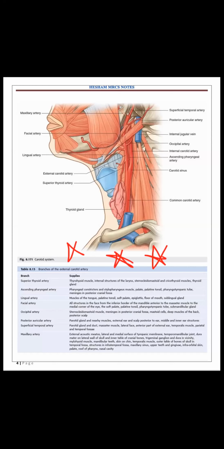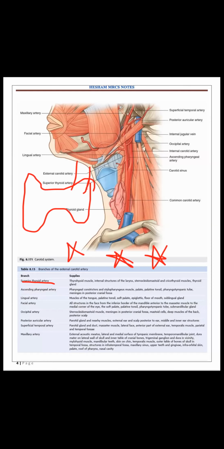First one is superior thyroid artery, which passes until it reaches the upper pole of each lobe of the thyroid gland by dividing into anterior and posterior thyroid branches. This artery, by the way, is not supplying the lobe of the thyroid gland only, but it gives other branches. What are these branches?